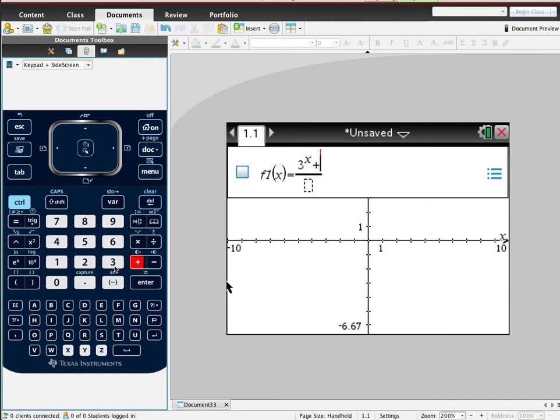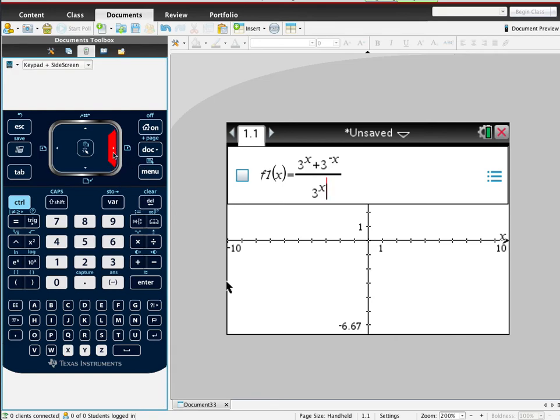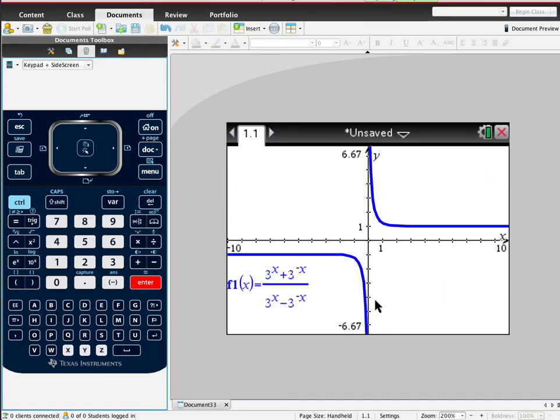Yes. 3 to the negative x? Yes. Over 3 to the x minus 3 to the negative x? Press enter.